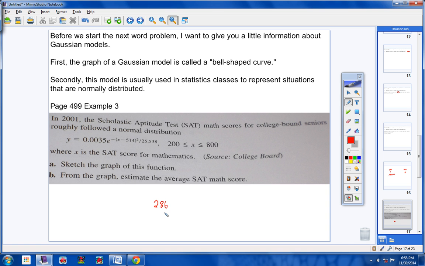Okay, and then square that. And when you square that, you should get 81,796. But remember, there's a negative sign here, so put your negative sign, then divide it by 25,538.